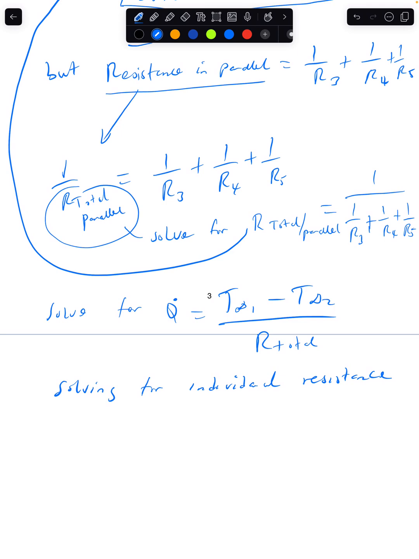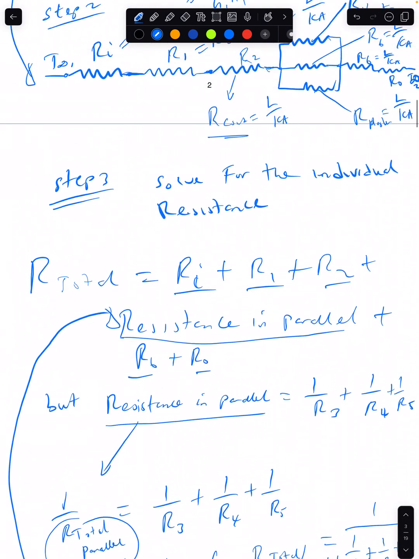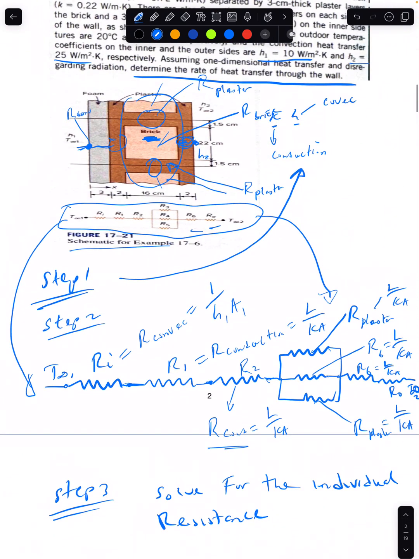And we can see that we have RO1, which is 1 over h1 A, because this section was undergoing convection heat transfer process.